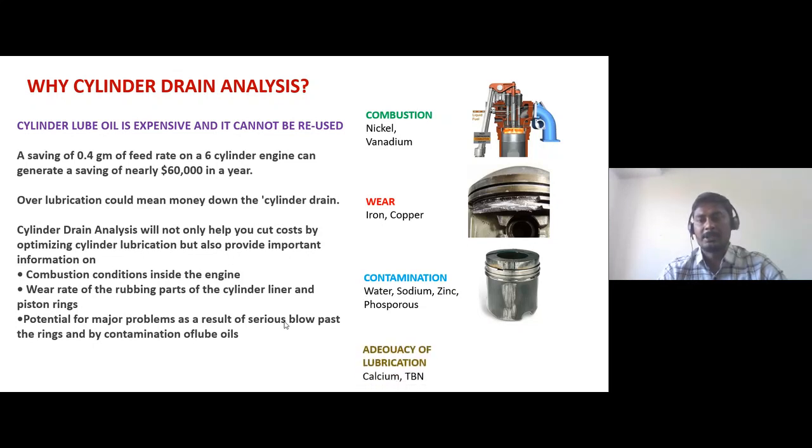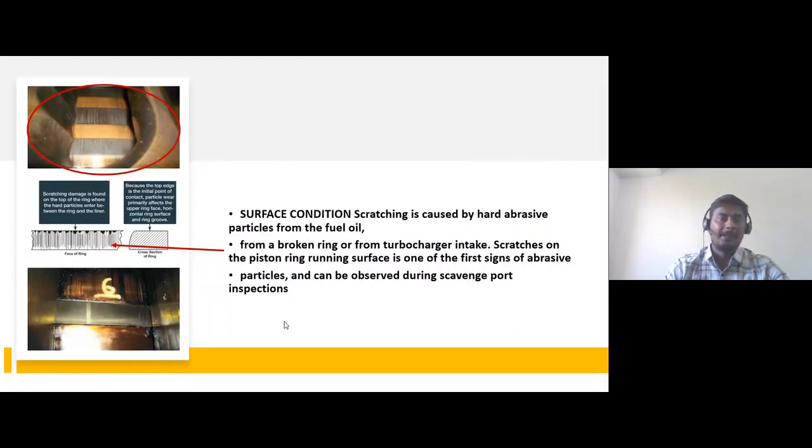Additives of the lubricants, calcium and TBN: there is an increase in calcium and a decrease in TBN. You can also see deposits between the rings and the piston, many deposits that stick and, after some time, become very hard material.